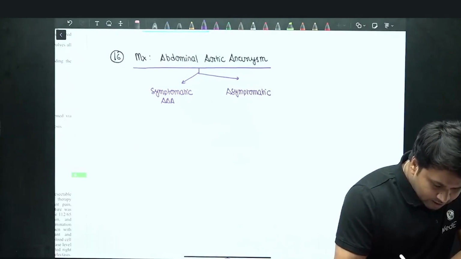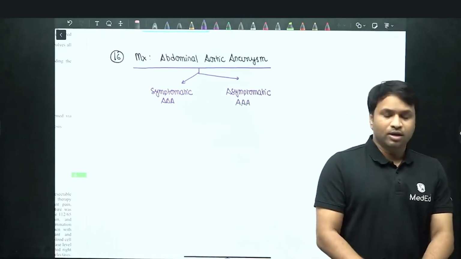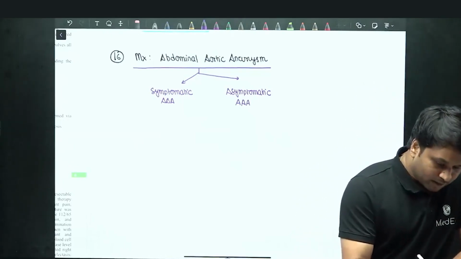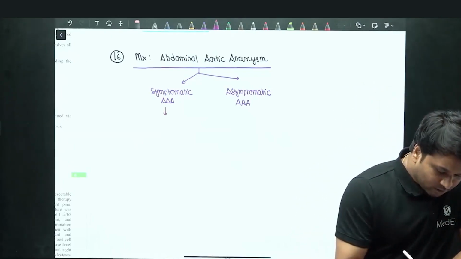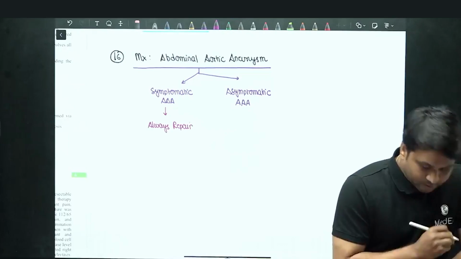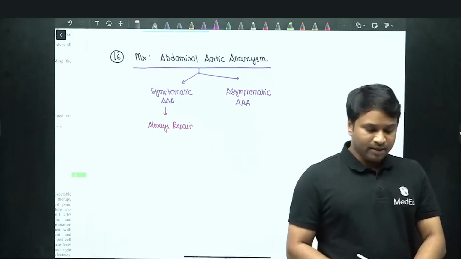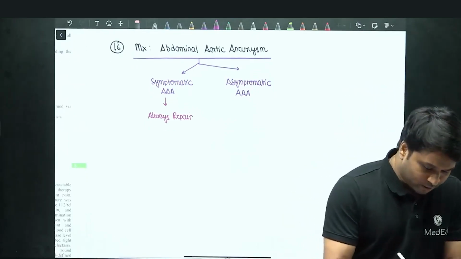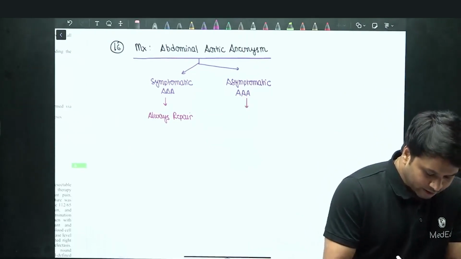If it is a symptomatic abdominal aortic aneurysm, the criteria says always repair. If it is an asymptomatic abdominal aortic aneurysm, I would like to measure the critical diameter.